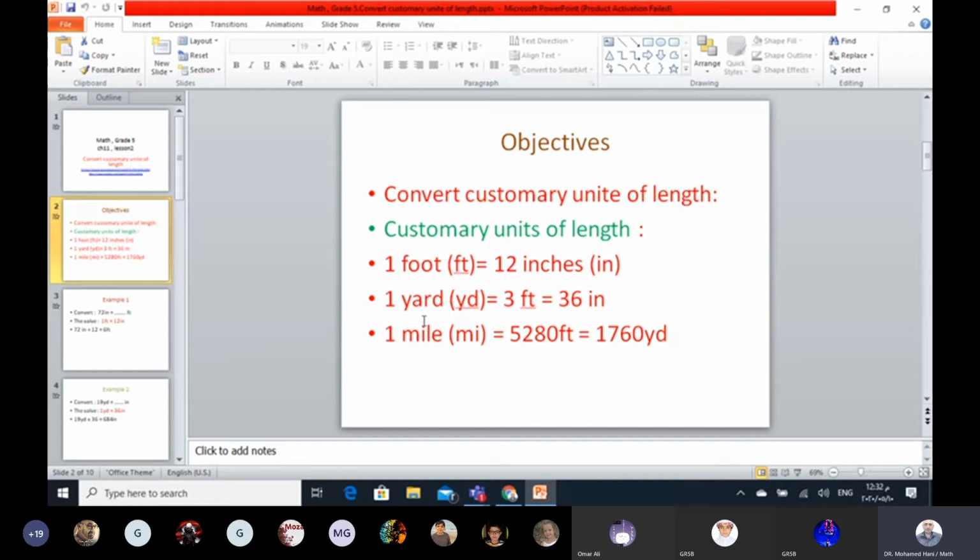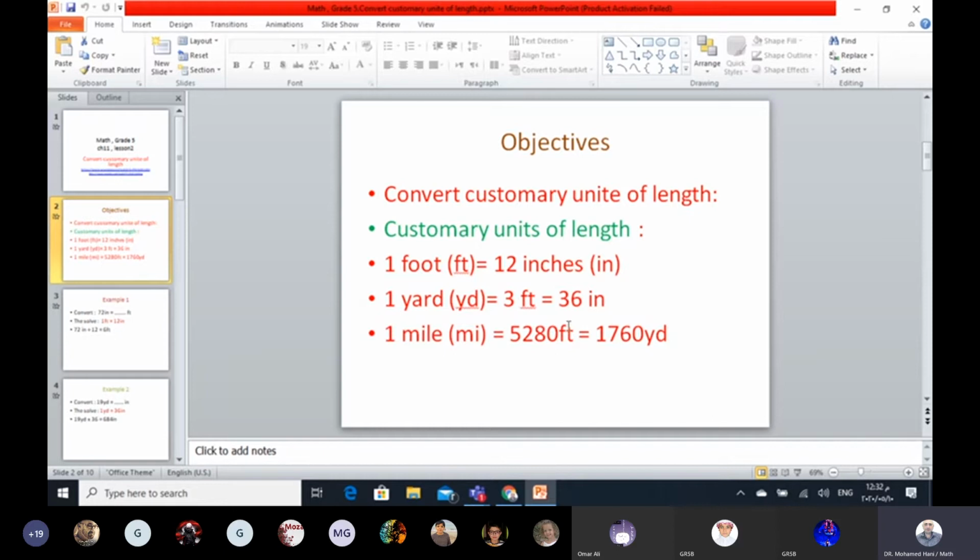The second customary unit of length is 1 yard. The symbol of yard is yd. When you see yd, it means we have yard. 1 yard equals 3 feet.